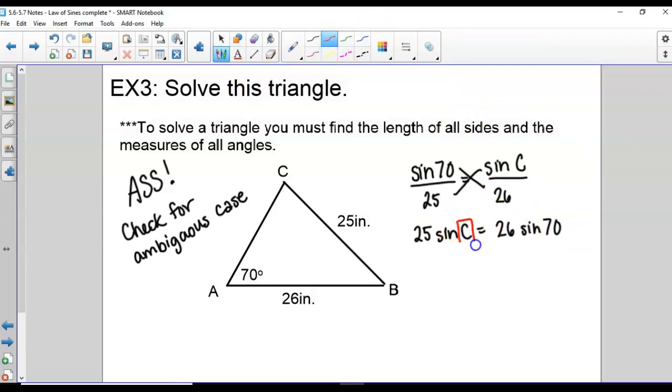And we're solving for that C right there. So Richard, what's the next thing we would have to do to try to get that C by itself? Divide by 25, perfect.